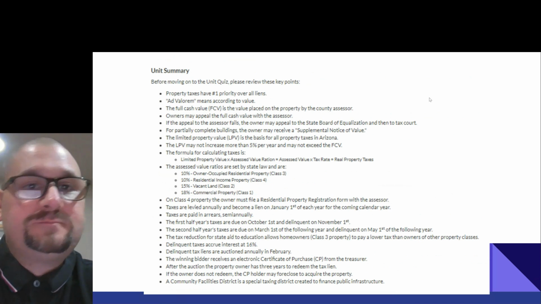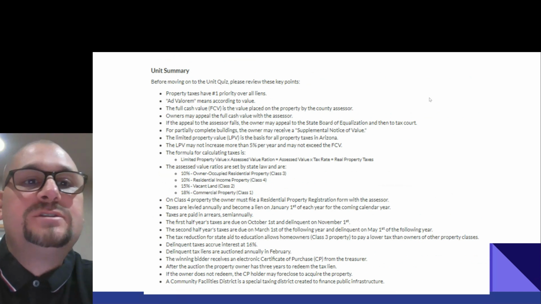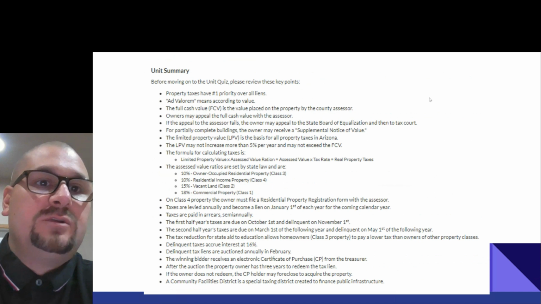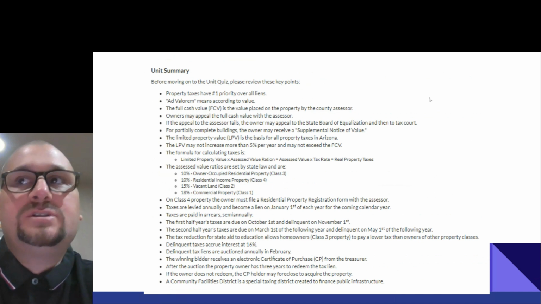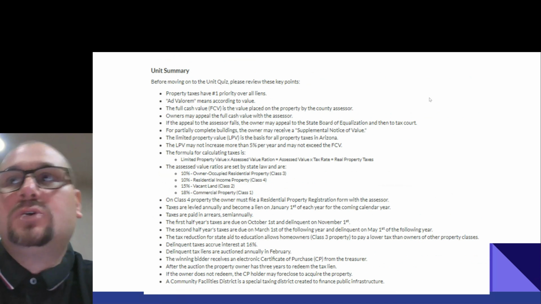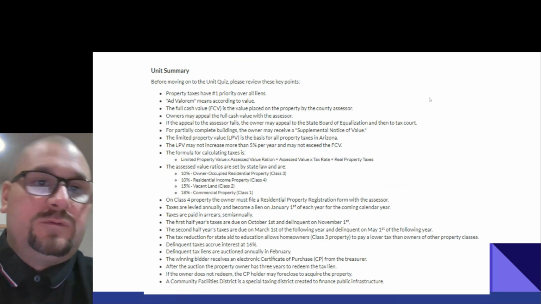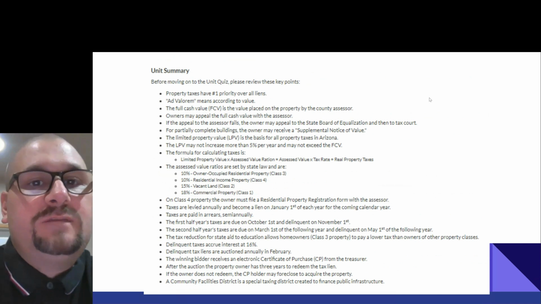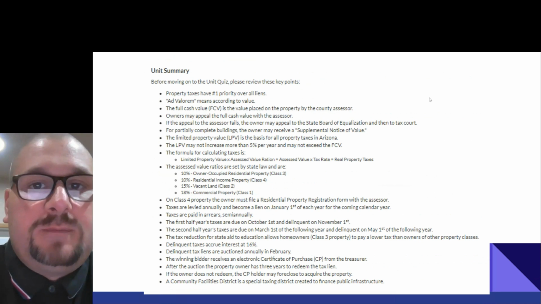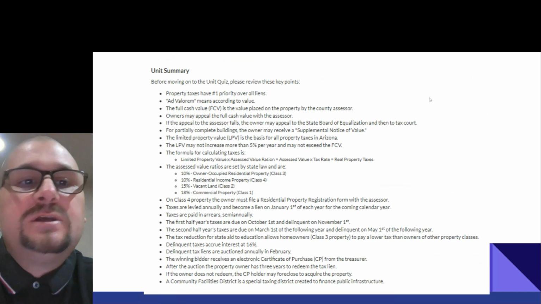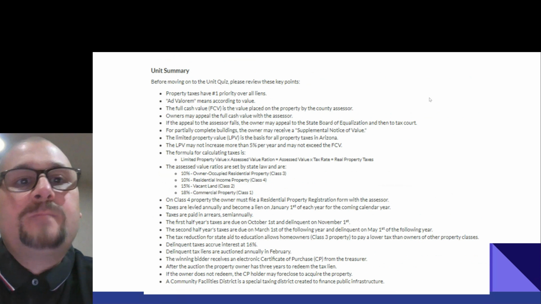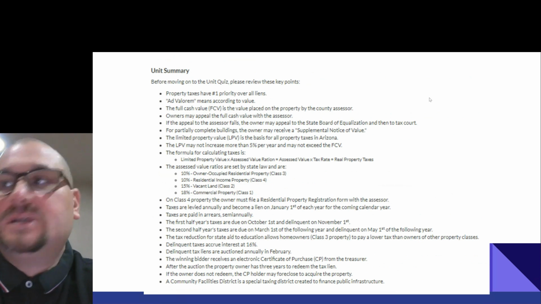Ad valorem means according to value. If you see the term ad valorem, that means according to value. The full cash value, FCV, is the value placed on the property by the county assessor.